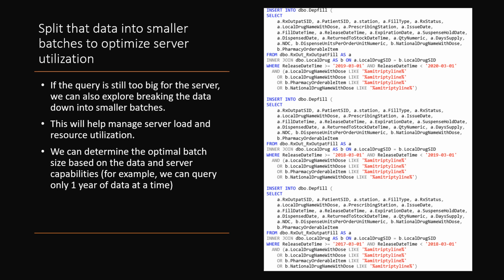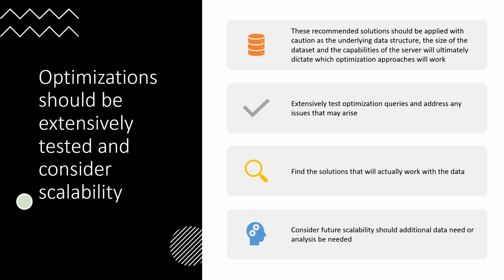That being said, for this exercise, we can explore breaking down the data into time periods of 1 year. The sample SQL query on the right shows how to apply this approach for the latest 3 years of the data for one of the medications, amitriptyline. The query can then be expanded to all time periods or years and for all other medication types.